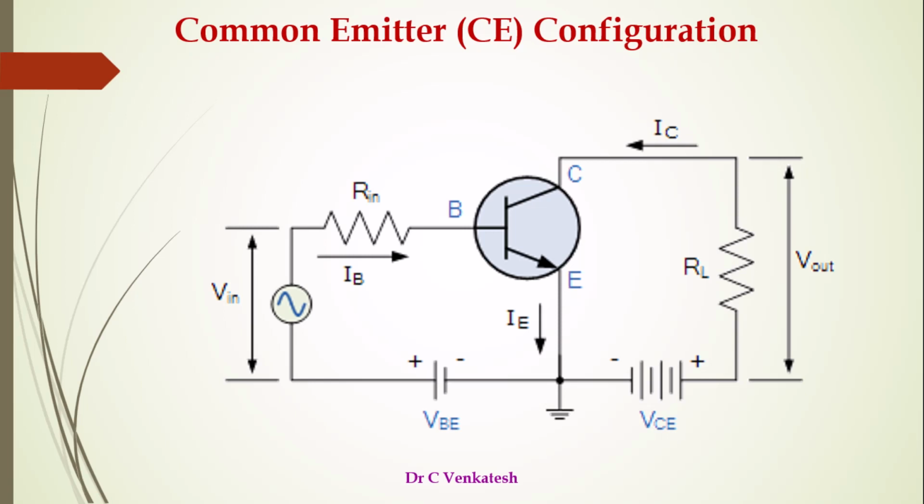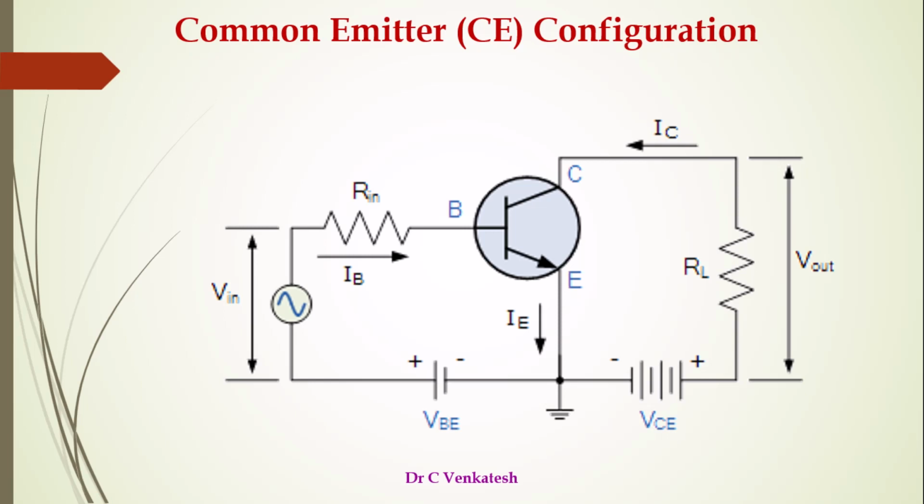The next one is the common emitter configuration. In the common emitter or grounded emitter configuration, the input signal is applied between the base and the emitter, while the output is taken from between the collector and the emitter as shown in the figure. This type of configuration is the most commonly used circuit for transistor based amplifiers, and it represents the normal method of bipolar transistor connection.